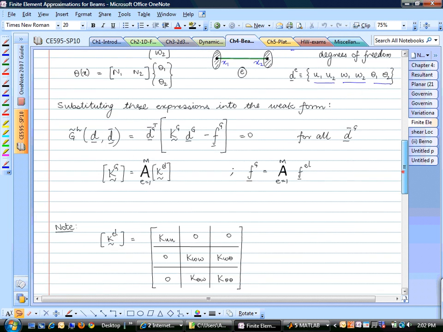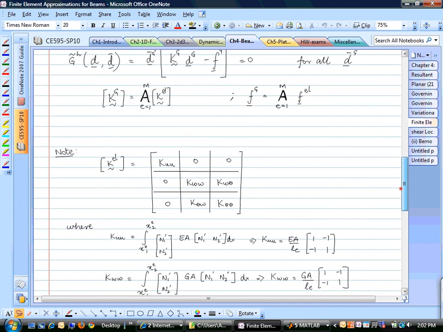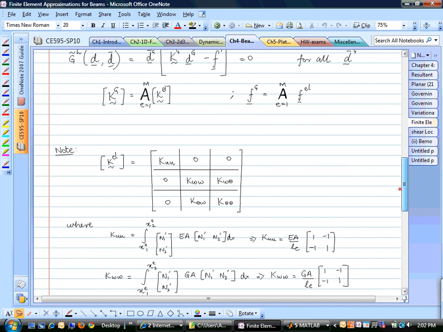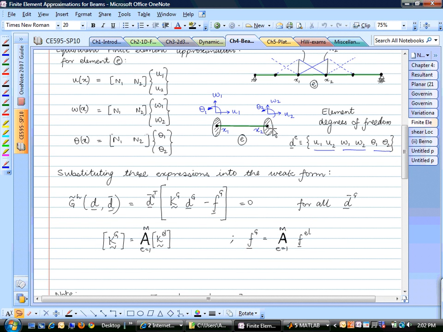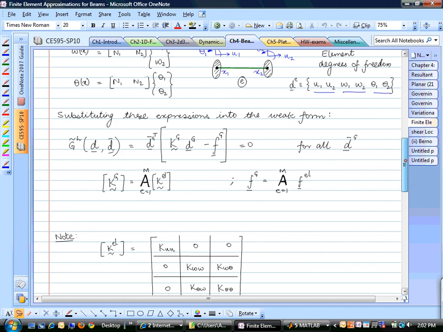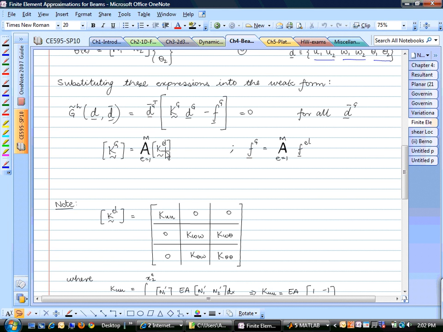So let's carefully look at what an element stiffness matrix looks like for a beam element. We are talking about this Timoshenko beam element, and now this beam element has 3 degrees of freedom per node for a total of 6 degrees of freedom. Let's see where these element stiffness matrices come from.